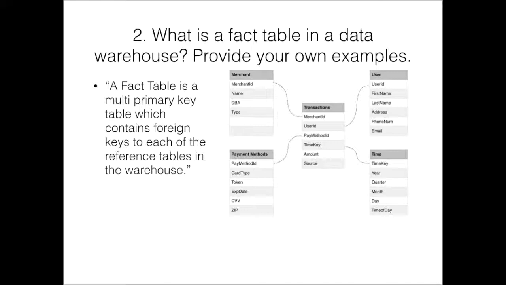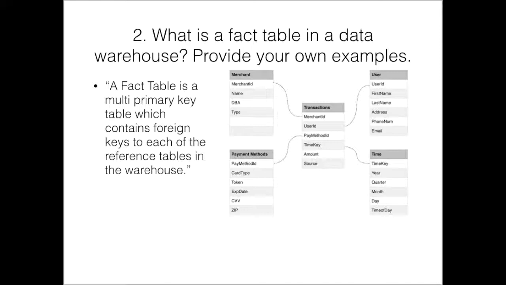Branching over to the right with the user ID, that's a foreign key that links to the primary key in the user table, and we can see there that some of the different columns for the user table would be the first name and last name of the user, their address or phone number and email. And then moving down to the bottom left-hand corner, the payment method is a foreign key to the payment methods table, and we can see some columns we have there: payment method ID and the card type and the token for the card, maybe the expiration date or the CVV.